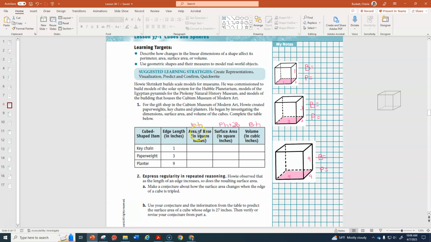For the area of the base, you multiply the base times the height of just the base. Don't get this height confused with this height. This is the height of just the base. This is the height of the cube. So you should be able to fill out this chart. Stop the video and see if you can get this chart filled out.